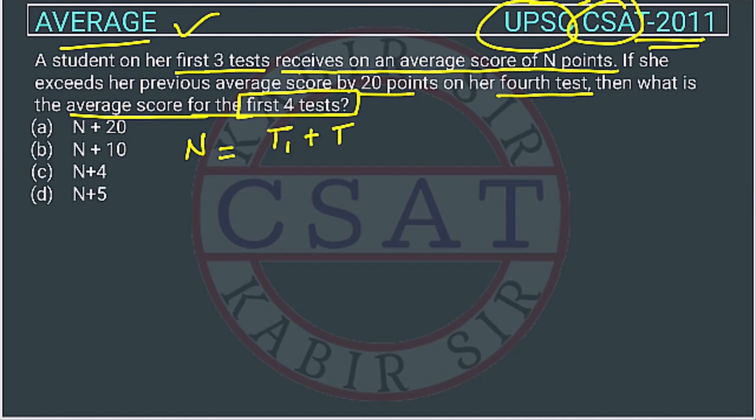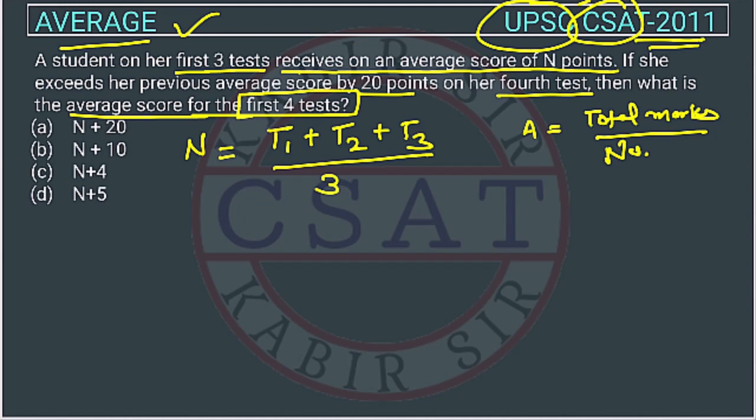Let's suppose the tests are T1, T2 and T3. So by using the formula of average, because we know that average is equal to total marks upon number of tests, I'm using this formula here. So from this one we can get T1 plus T2 plus T3 is equal to 3n.